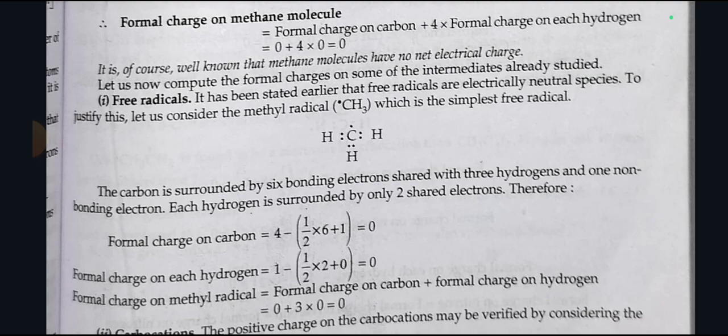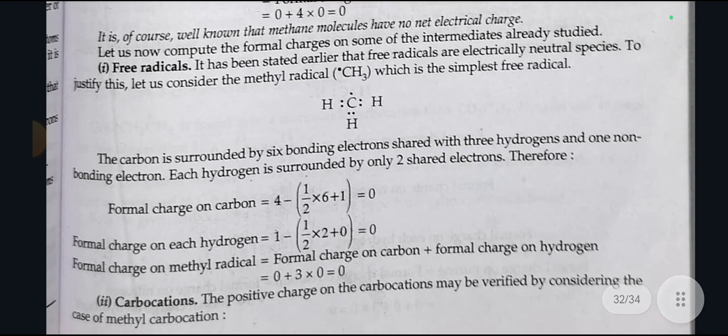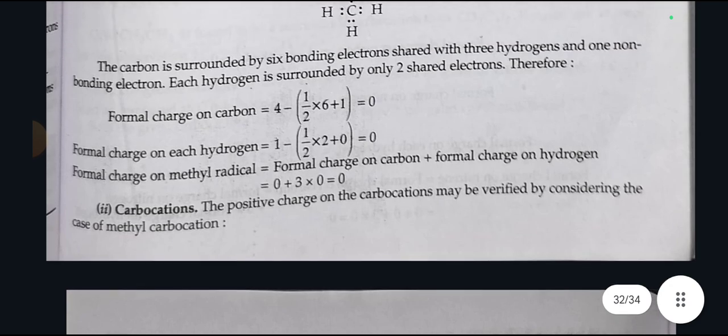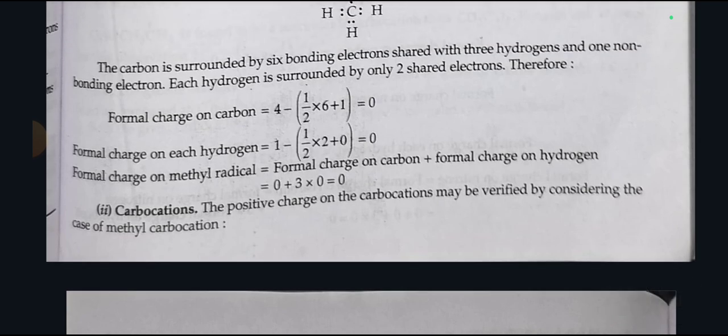Let us now compute the formal charges on some of the intermediates already studied. First, free radicals. It has been stated earlier that free radicals are electrically neutral species. To justify this, let us consider the methyl radical, CH3 dot, which is the simplest free radical. The carbon is surrounded by 6 bonded electrons shared with 3 hydrogens and 1 non-bonded electron.